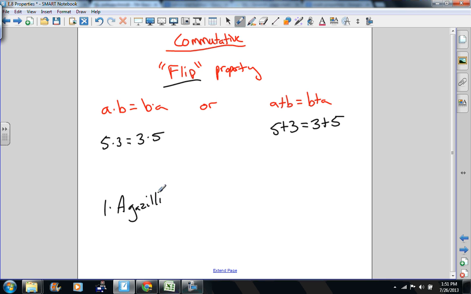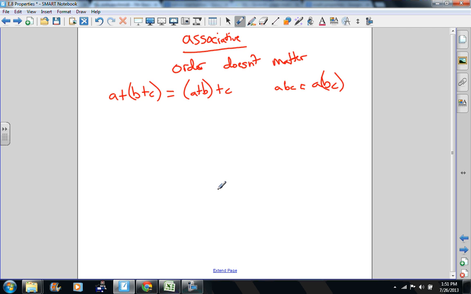Well, that would be the same thing as a gazillion times 1. They're the same thing. You can flip them back and forth. Doesn't matter what number it is. Positive, negative, anything.